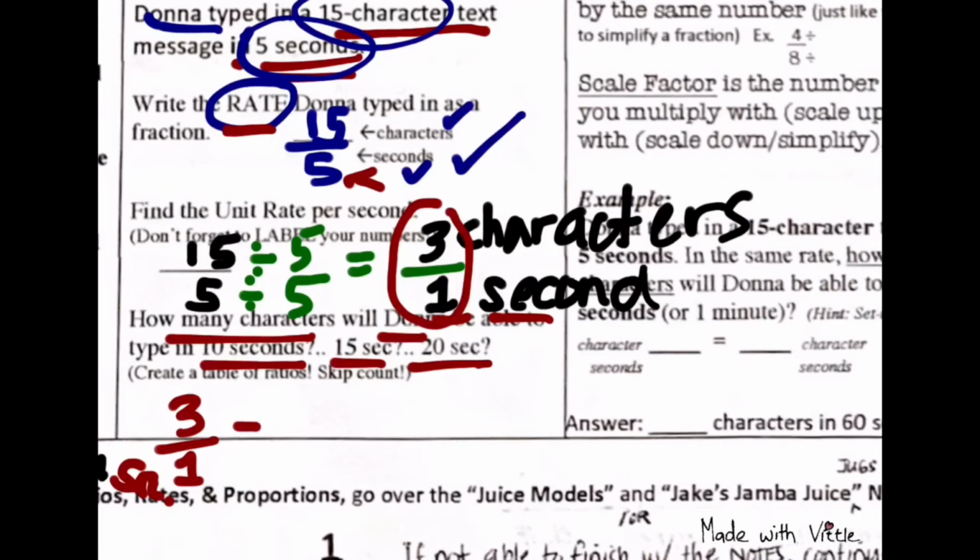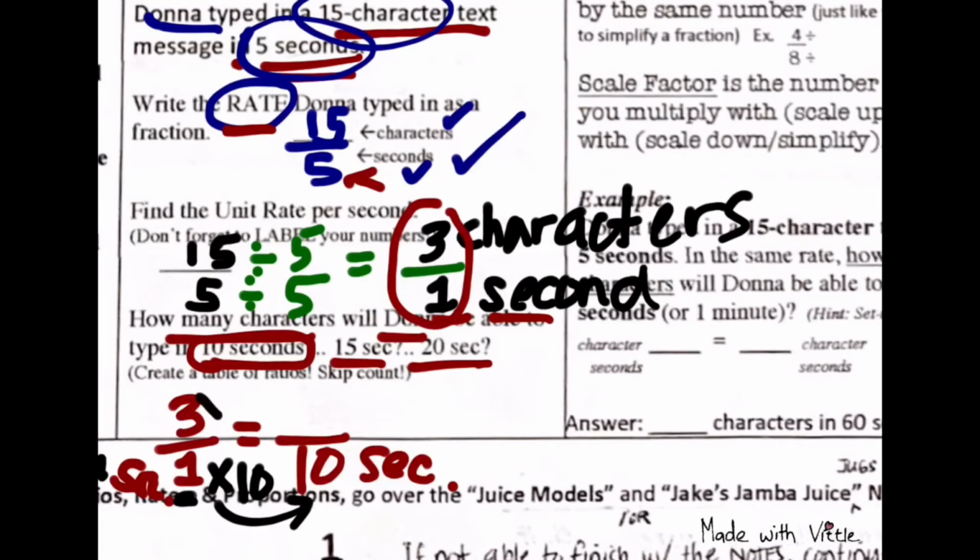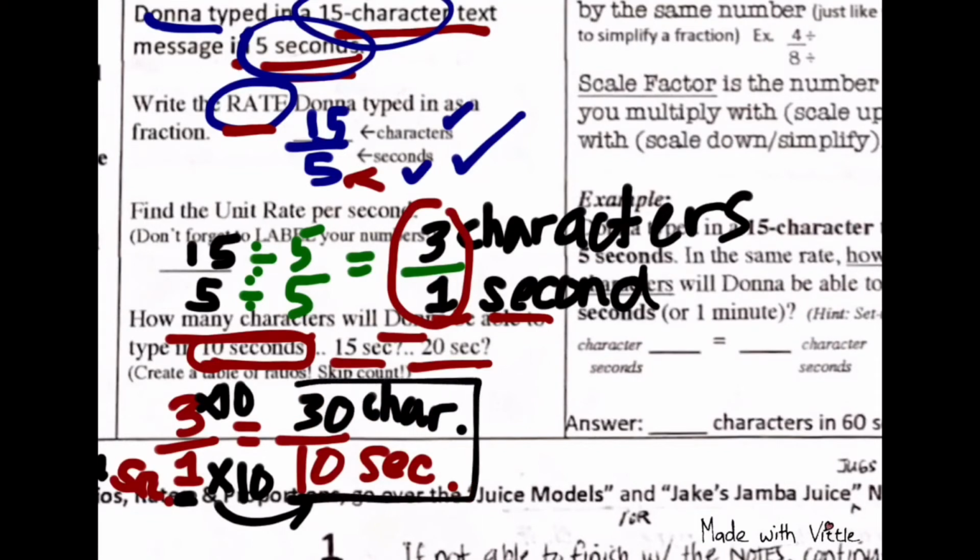Therefore, I'm going to change that 1 second into 10 seconds. Now, I'm going to think of a number that I can multiply by 1 so it will equal 10. So that should be 10. Isn't it? Any number multiplied by 1 will equal itself. So what you did at the bottom, you have to do on the top. 3 times 10 will be 30. So in 10 seconds, Donna can type 30 characters.